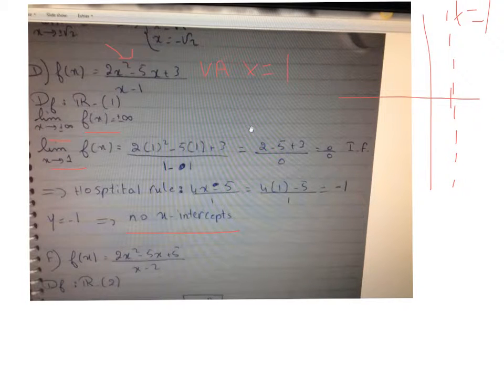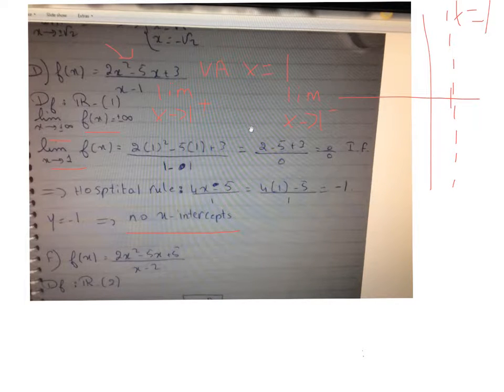Now, what we want to do there is find out how the curve is behaving as it gets close to that line, because that tells us a lot about the shape of the curve that we want to draw later on for this rational function. So what we do is we find the limit as x approaches 1 from the right, and we find the limit as x approaches 1 from the left.